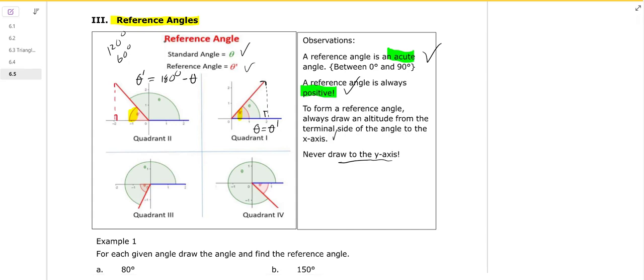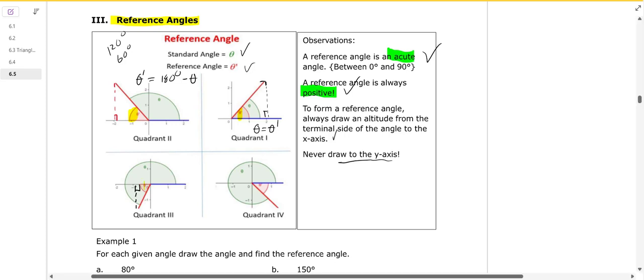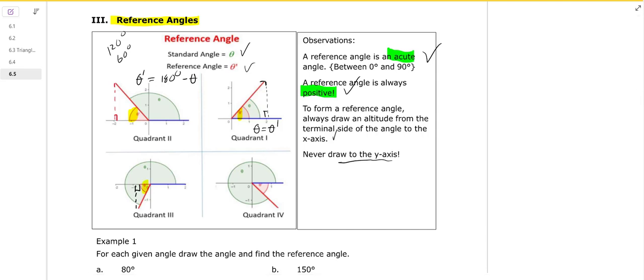Okay, if you're in quadrant 3, this would be your angle theta. And then again, same idea. You go straight up to the x-axis at a right angle. And then this would be your reference angle right there. So you would do your reference angle theta prime.